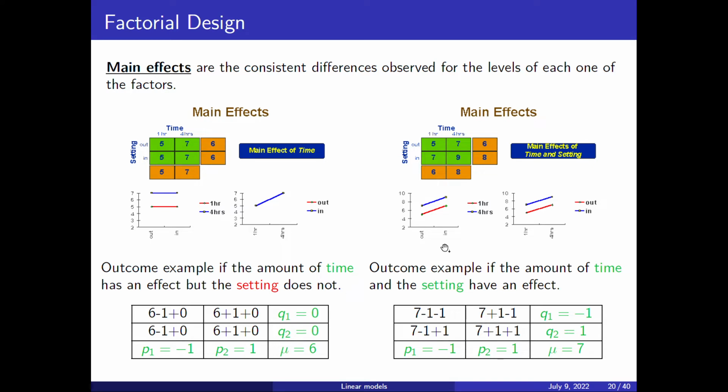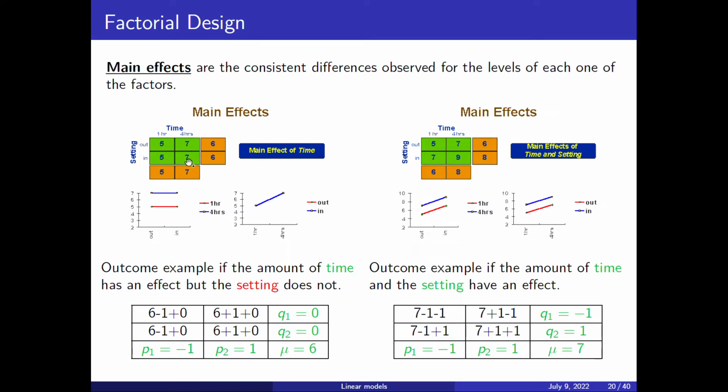Okay, so let's say that the scores are these ones. Let's see how to explain this mean of 5. This mean of 5 would be the overall mean, that is 6, plus the contribution of being 1 hour per week, that is -1, plus the contribution of being out of class, that would be 0, so it is 6 minus 1 plus 0, so this is 5 and it is this 5.